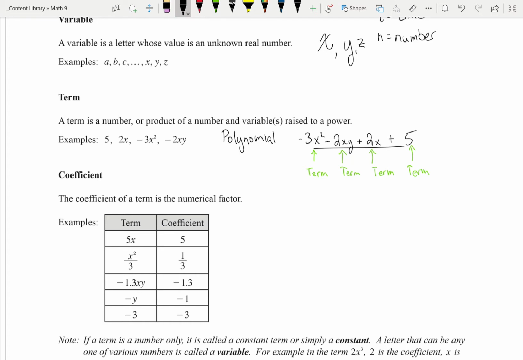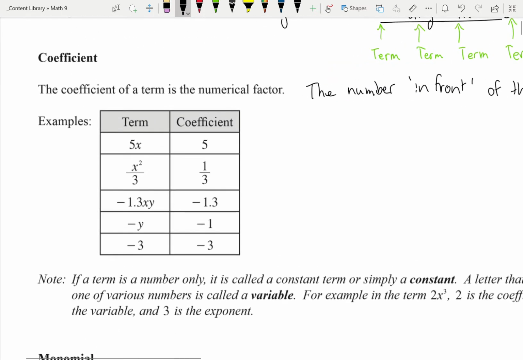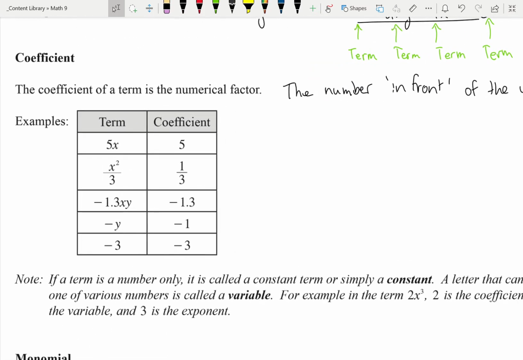Next up, we have something called a coefficient. A coefficient of a term is the numerical factor. To put it simply, it is the number in front of the variables. So for example, I have a couple of terms. I have 5x.